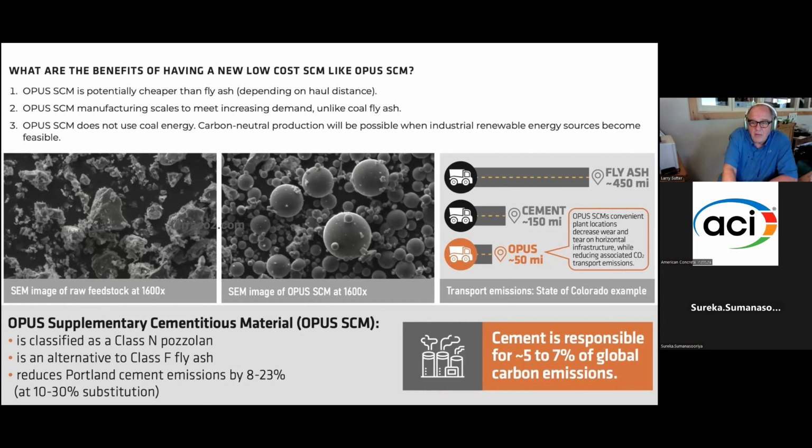The plants will have a fairly small footprint and can be located near where it's being used, so the transportation costs from the source to the job site will be minimized. So it'll be one more way of reducing the carbon footprint of the material.